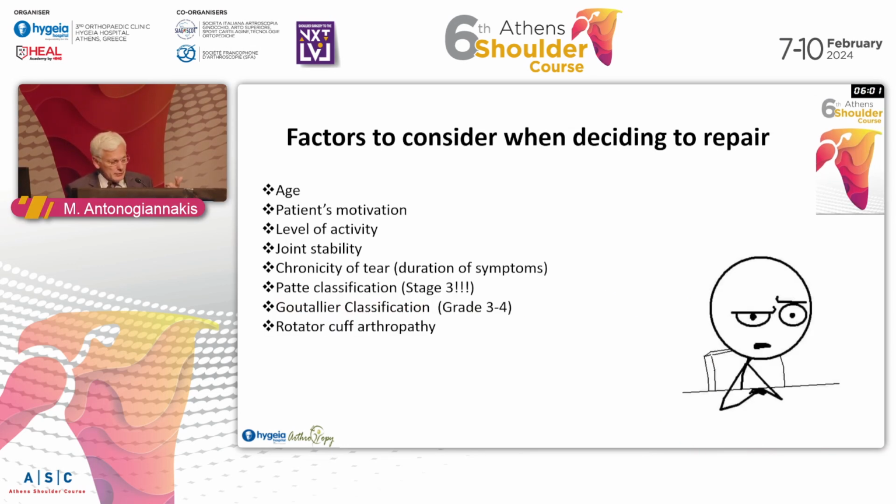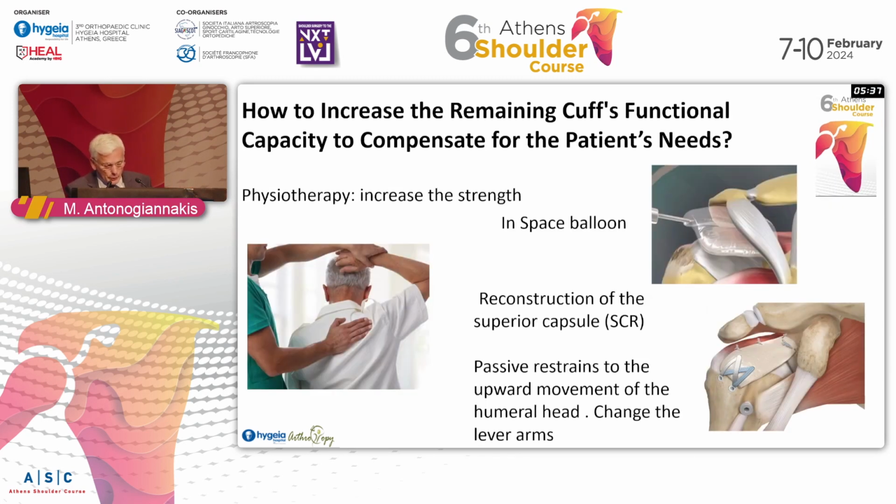The age and patient motivation are very important. It's not only the age, it's what kind of patient, how well he is going to stand the rehabilitation process, the period of dysfunction that follows any type of operation that we do, the level of activity, where he wants to arrive, the stability of the joint, the chronicity of the tear, Patte classification, all of that is known.